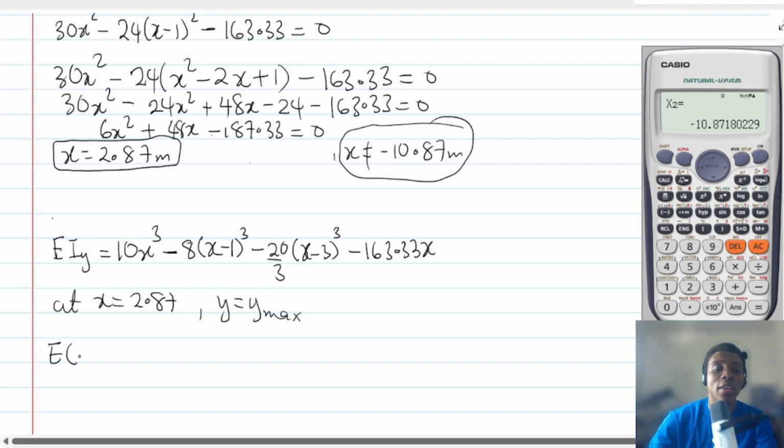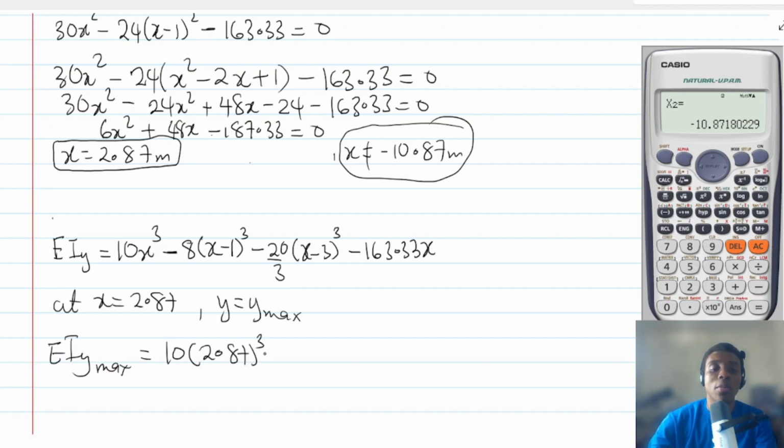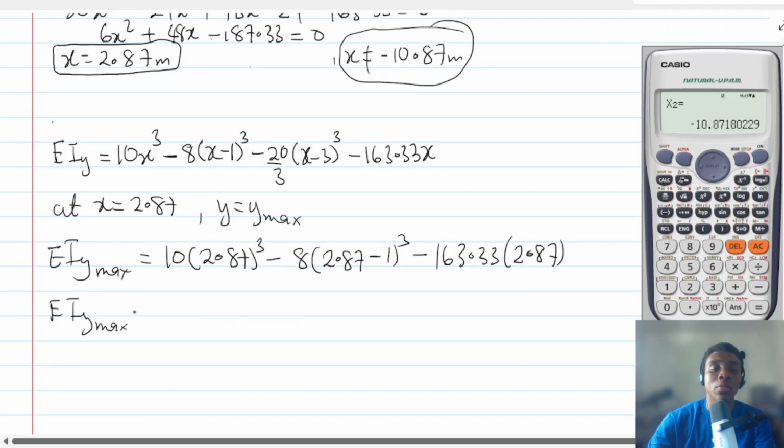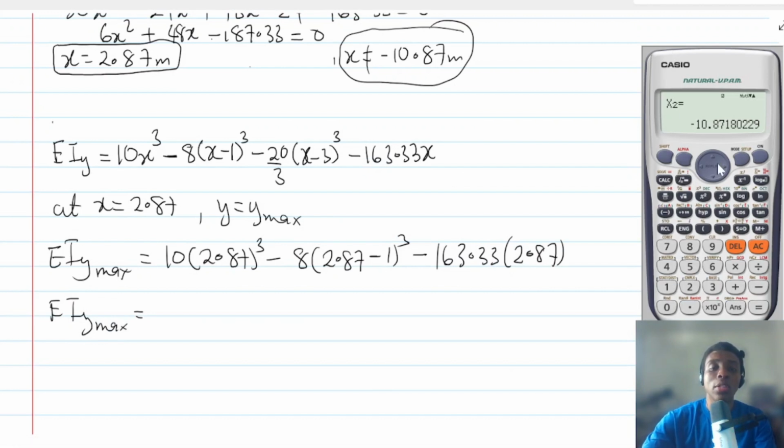We've got EI y max should be what? 10 multiplied by 2.87 cubed, minus (2.87 minus 1) cubed. But I see that this one, if you put 2.87 here, it will be negative, so it's going to be 0. We are not going to use the negative distance. So minus 163.33 times 2.87.